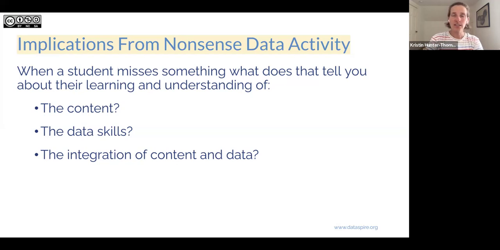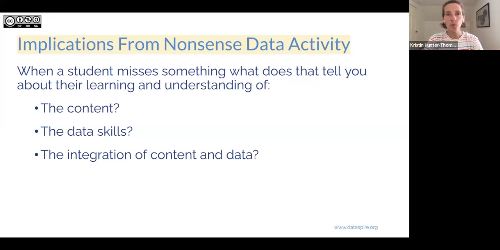But the challenge is the way the structure of the activity is written, where part A is just orientation, execution type questions, and part B jumps all the way to interpretation or synthesis. We don't know where they're getting tripped up. We don't know if they're missing the content because we haven't asked how they understand the content. We don't know if they're getting tripped up on the data skills because we haven't fully scaffolded them in this activity.